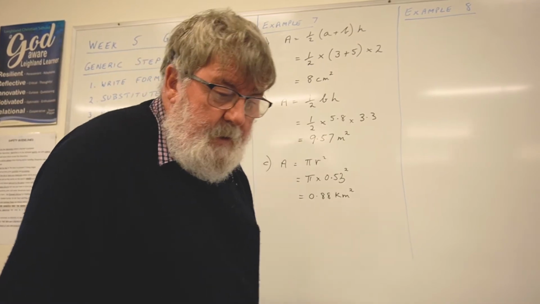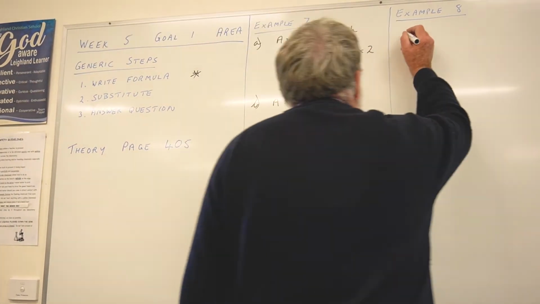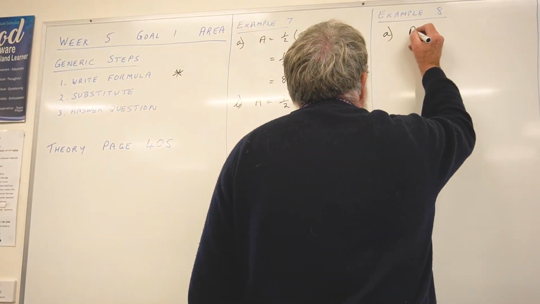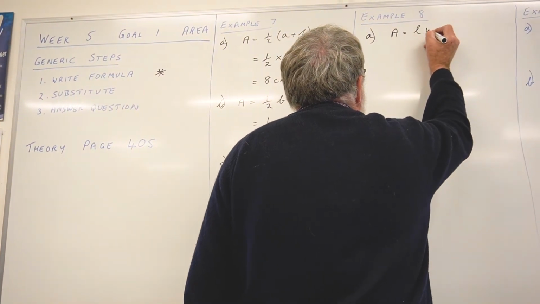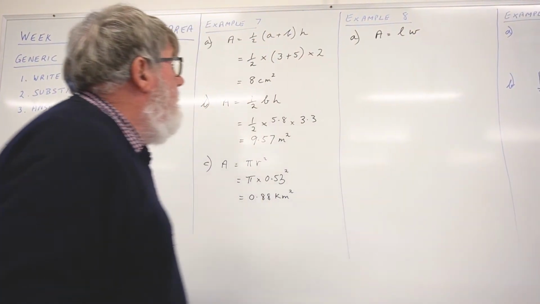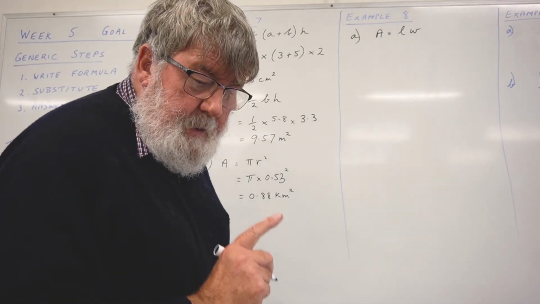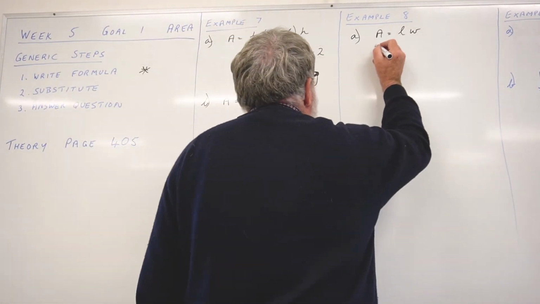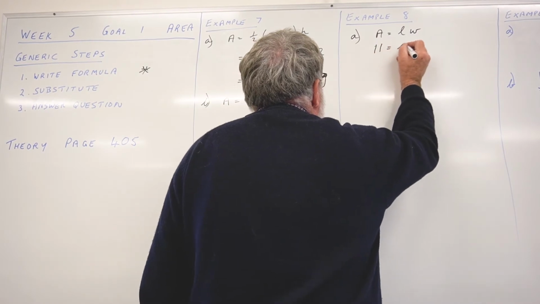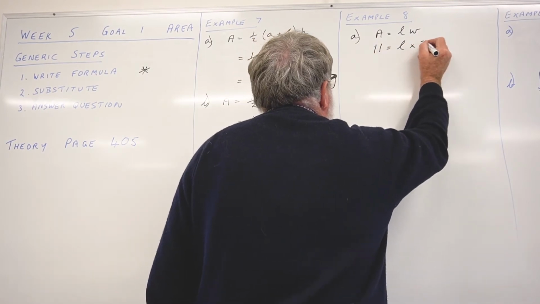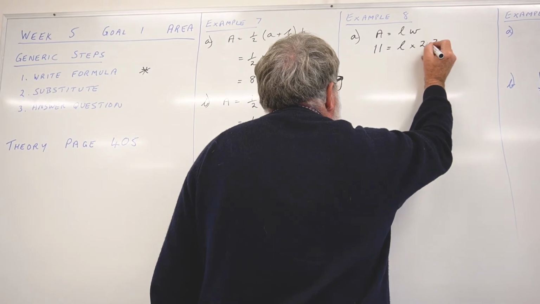Same steps. Write the formula, even a basic one like the rectangle, A equals L W. Substitute, what do we know? We know that the area is 11. The length is unknown, the width is 2.3.